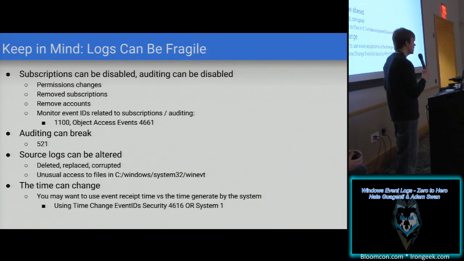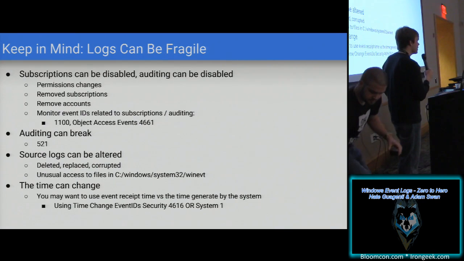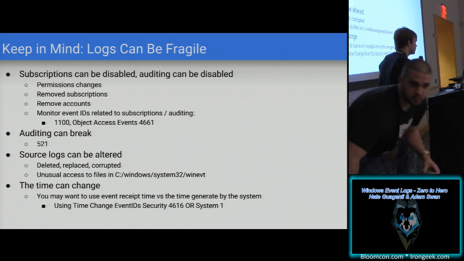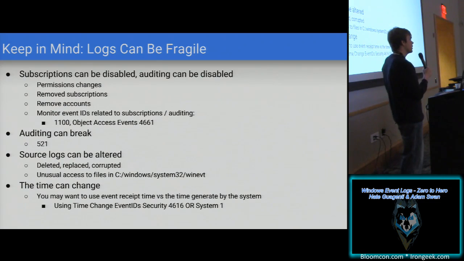Another thing, just a reminder, Windows logs can be fragile. So can every other artifact when you're doing a forensic investigation. So it's really nice to have client monitoring solutions that work together.